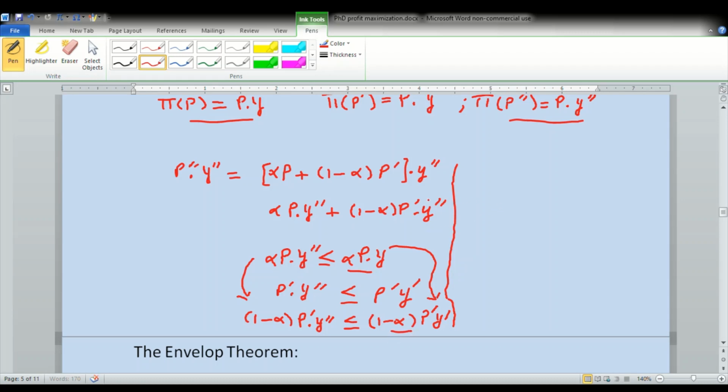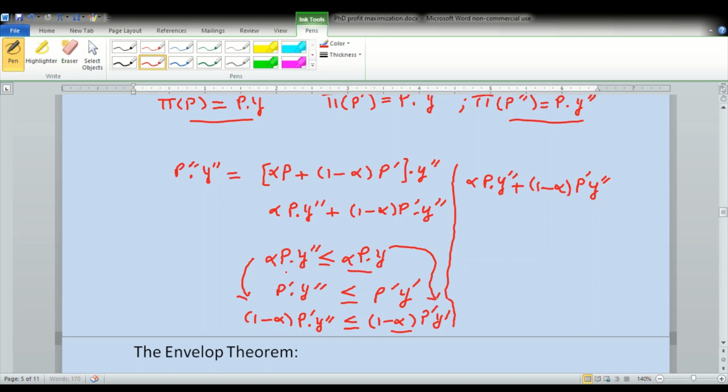So alpha p dot y double dash plus 1 minus alpha times p dash y double dash.